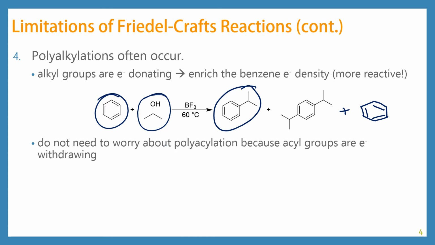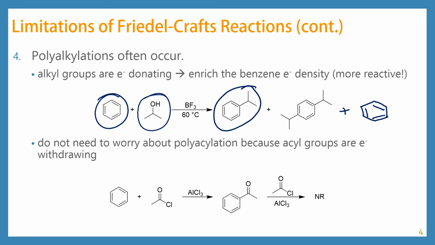So if you want to control the alkylation, you can use acylation instead because we do not need to worry about polyacylation. Acyl groups are electron withdrawing, so when you add on an acyl group, you are actually deactivating the ring and you're not going to end up with this polyalkylation issue.